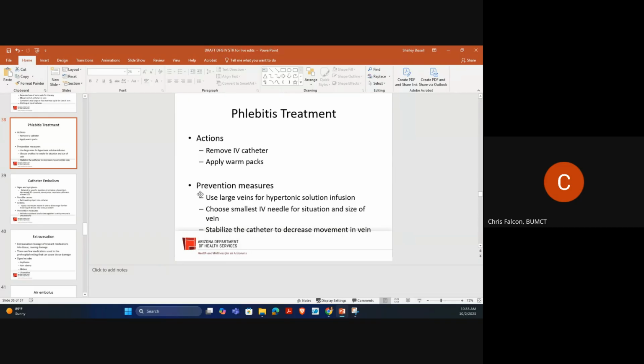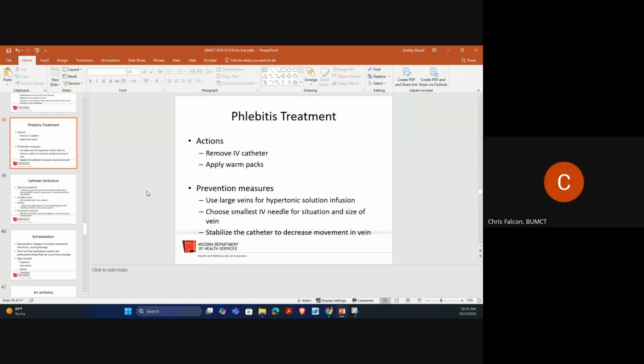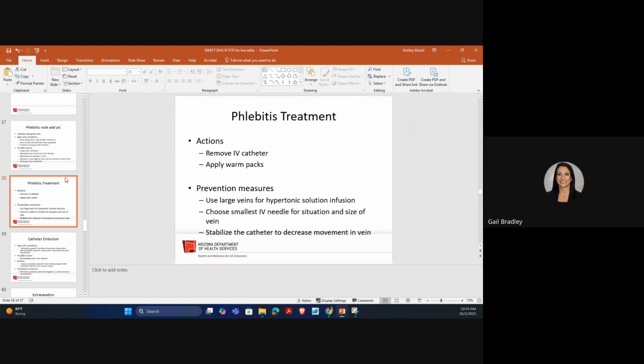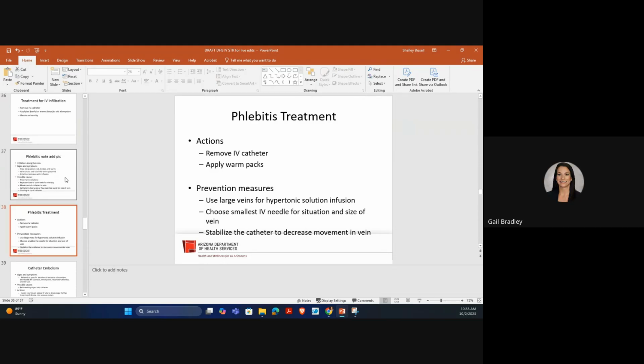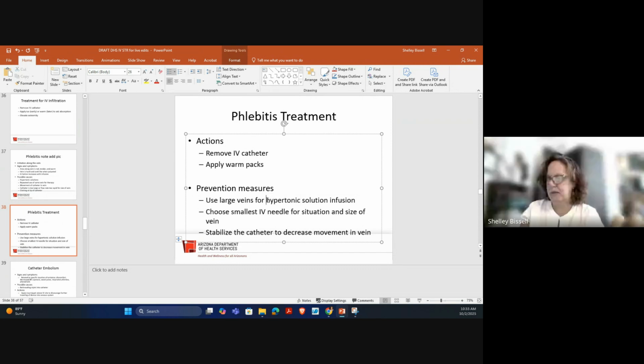And there should be some education on the type of fluids. That's lower in the slide deck, okay. Good. But I think we can take off the hypertonic part here. I'm going to make a note.